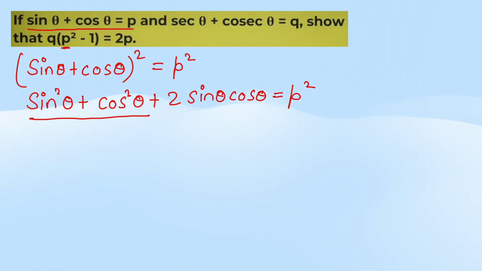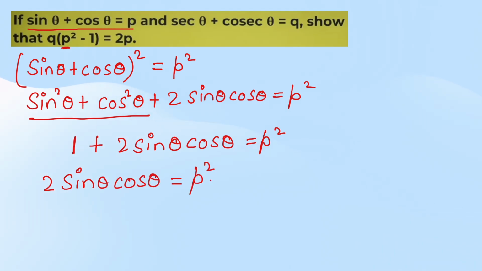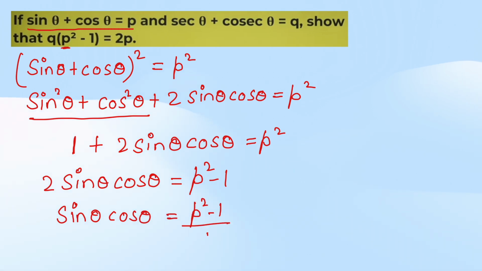Sine square theta plus cos square theta is 1. If I shift 1 to the other side, it will be p square minus 1. So the value of sine theta cos theta comes out to be (p square minus 1)/2.